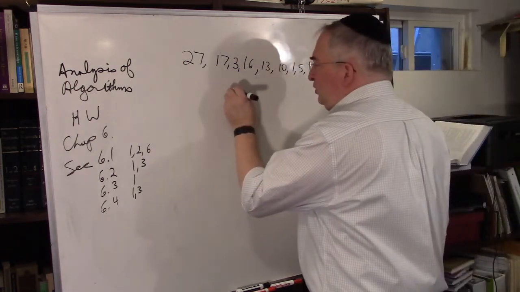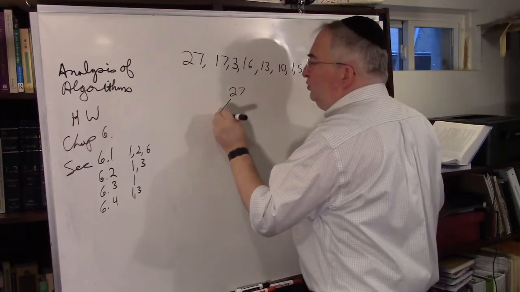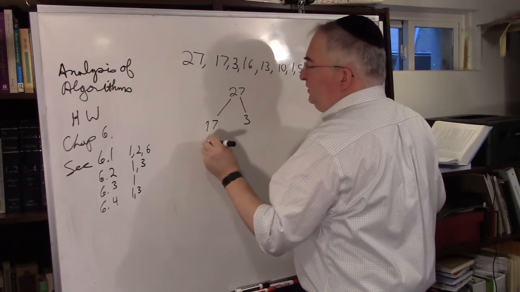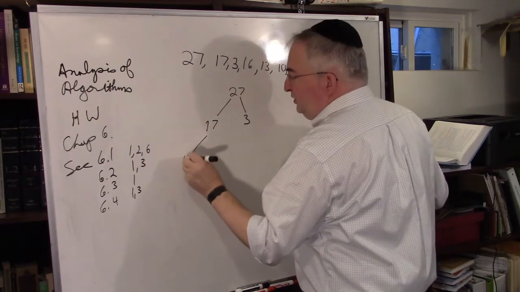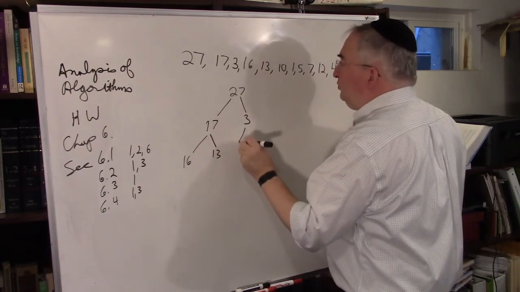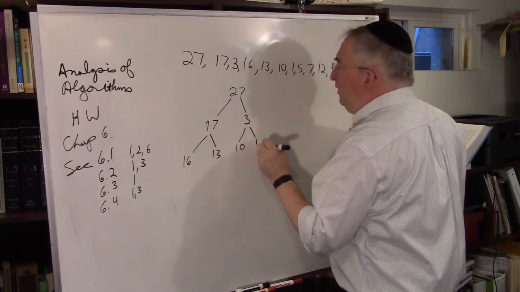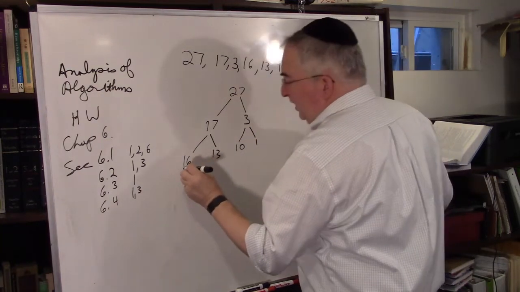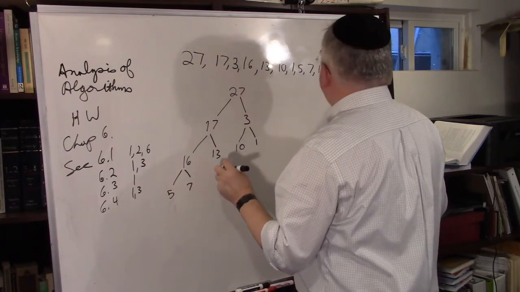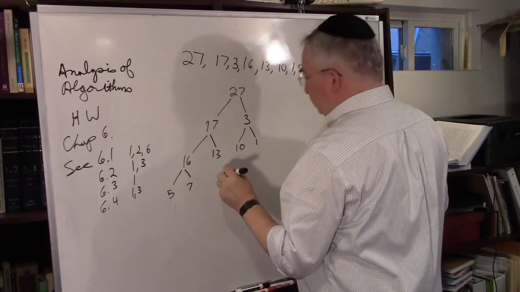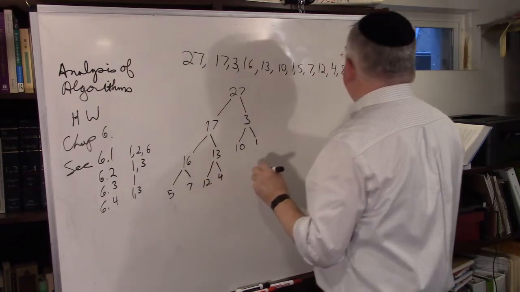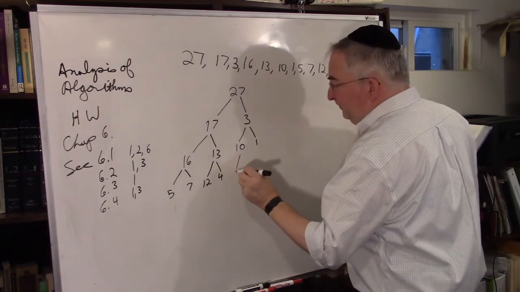So let's do it. 27 has 2 children, 17 and 3. 17 has 2 children, 16 and 13. 3 has 2 children, 10 and 1. 16 has 5 and 7. 13 has 12 and 4. 10 has 8 and 9.